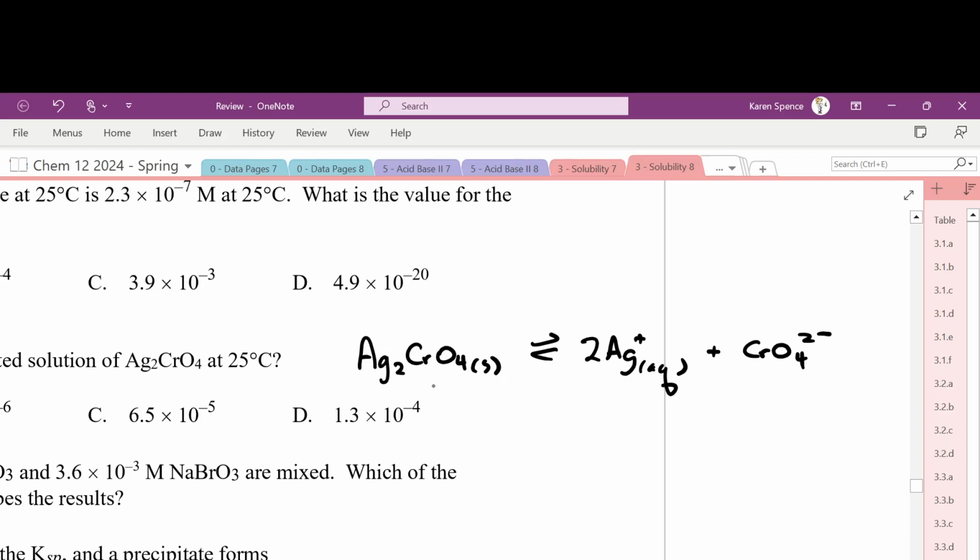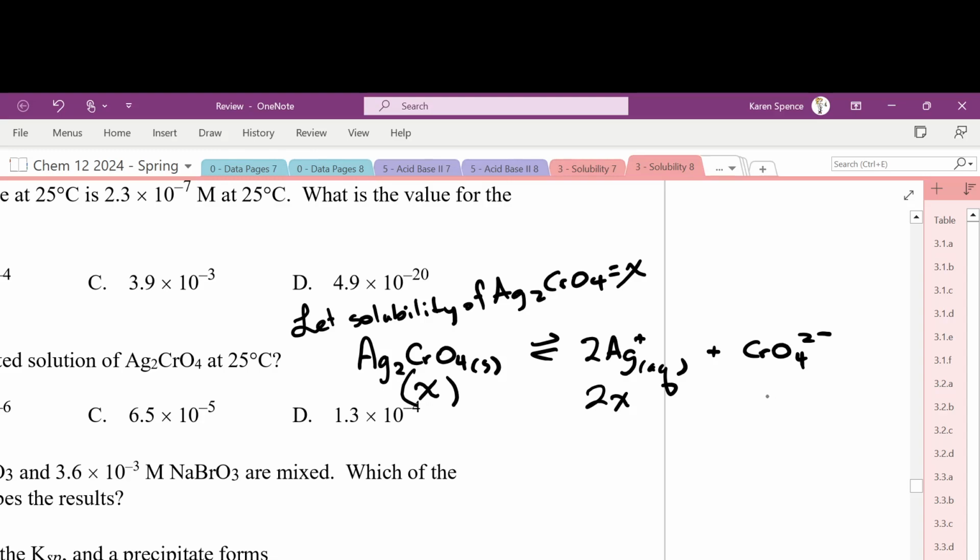And we will be able to find the concentration of silver chromate, because we're going to call it x. We're going to let the solubility of Ag2CrO4 equal x, which means that silver is 2x and chromate is x. And if you remember, this is a multiple choice, so you don't actually need to write this.